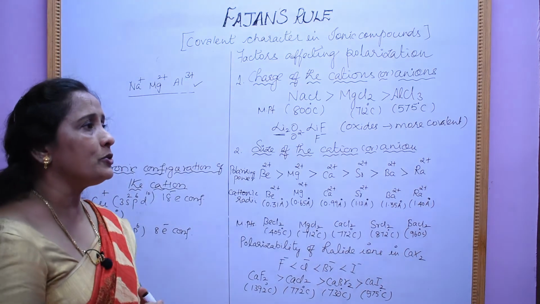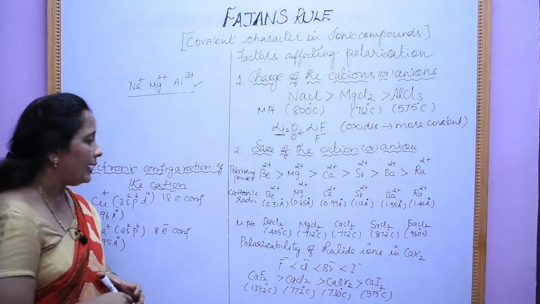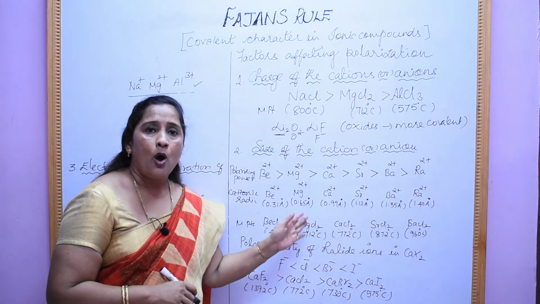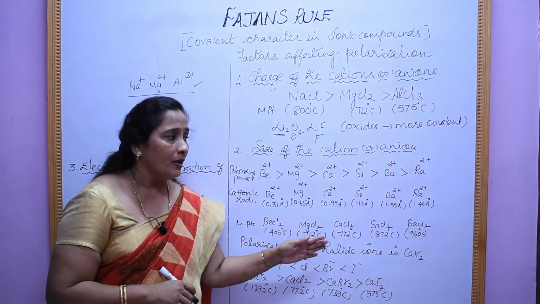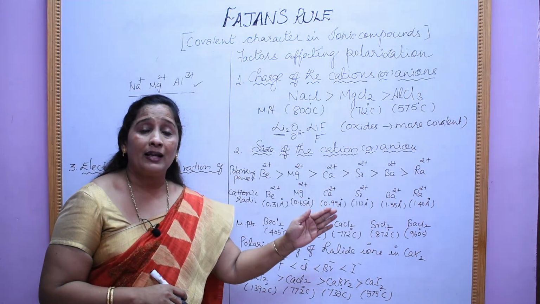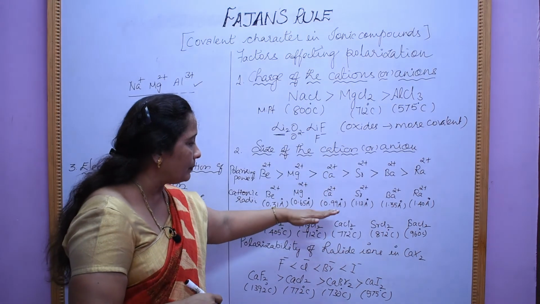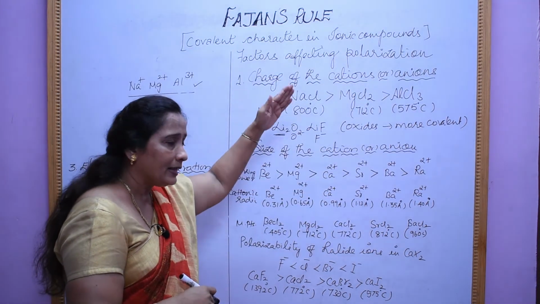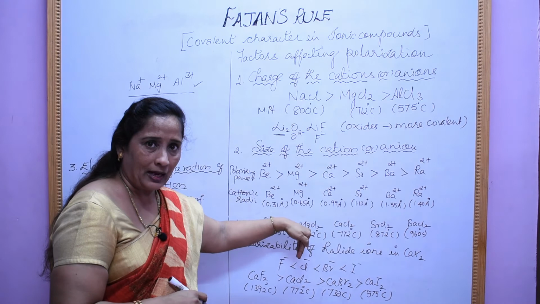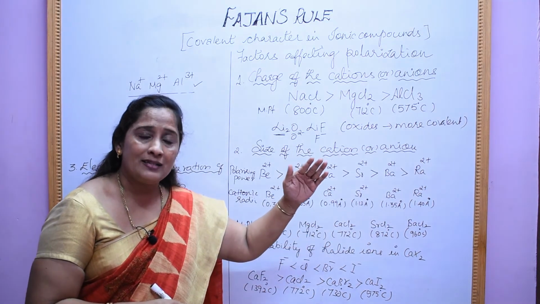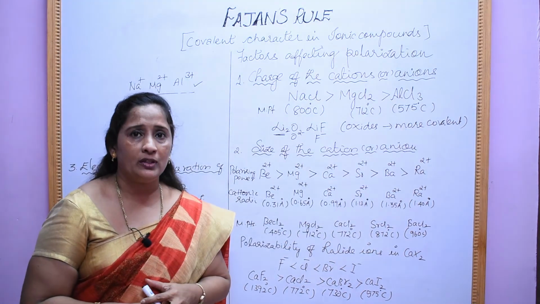Right, now coming to the size of the anion, the polarizability of the anion increases with increase in the size of the anion. Here the polarizing capacity increases with the decrease in size of the cation, and here the polarizability of the anion increases with the increase in the size of the anion.